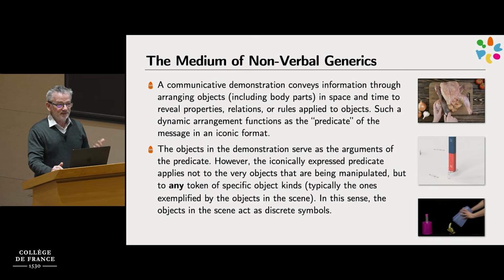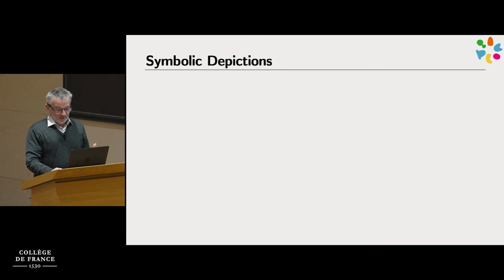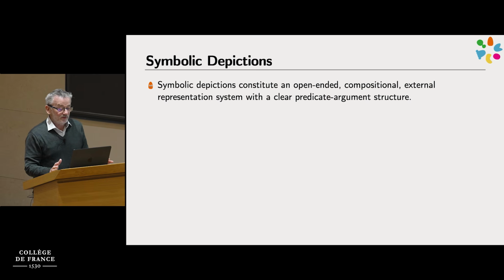So in that sense, these are symbolic acts in which those objects which are in the scene stand for an object of a certain kind. In most of these cases, they're objects of the very same kind that they belong to. So these demonstrations are, in some sense, symbolic depictions. And symbolic depictions are actually a much broader kind of thing, which I would argue constitutes a representational system, a medium in which you can convey certain kinds of messages.